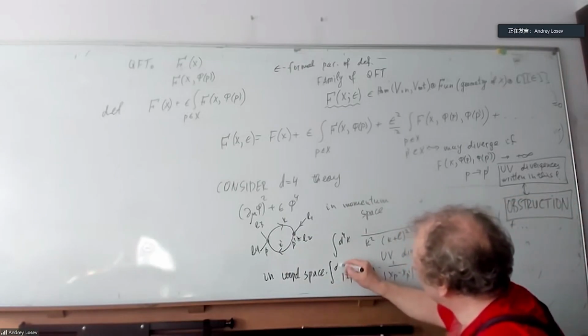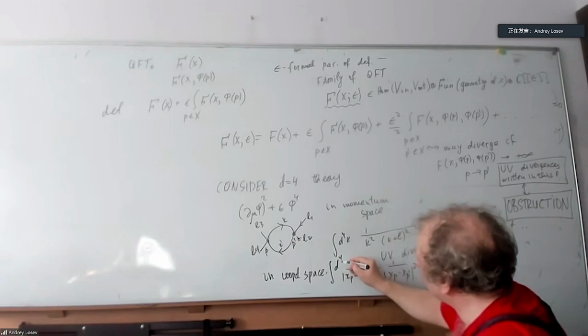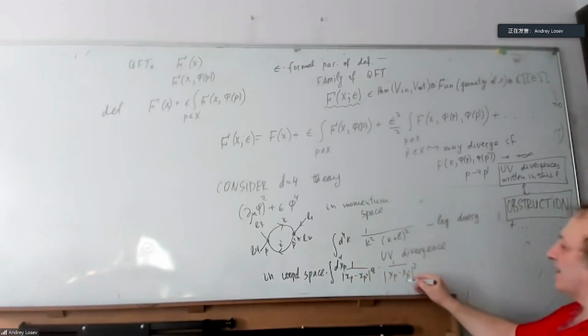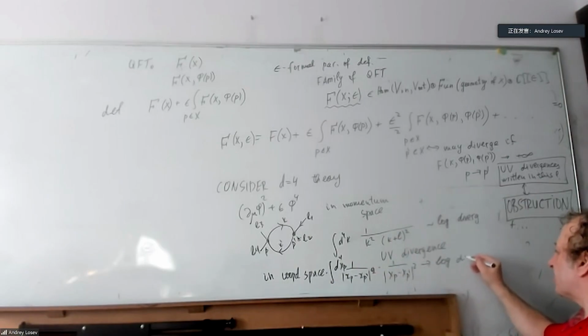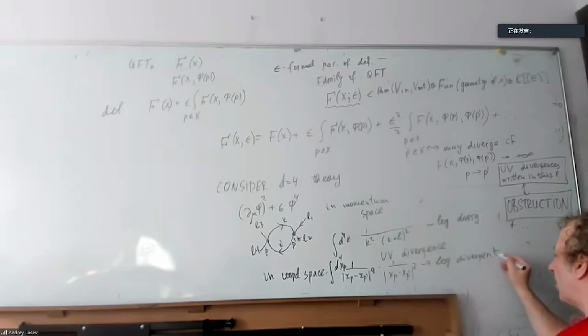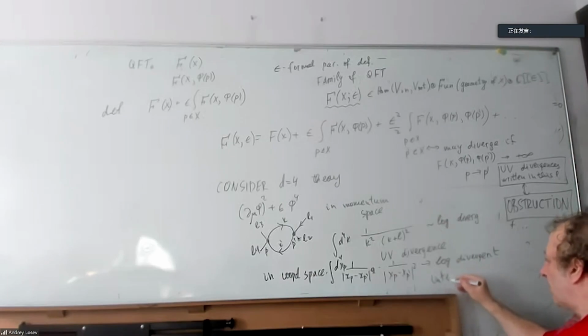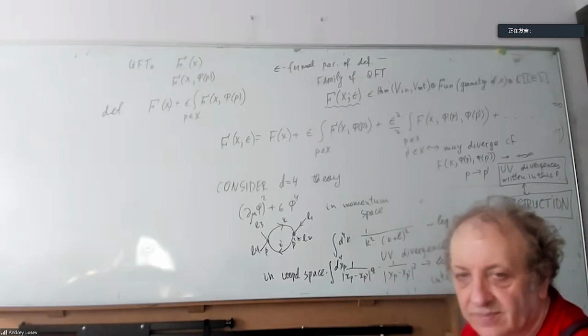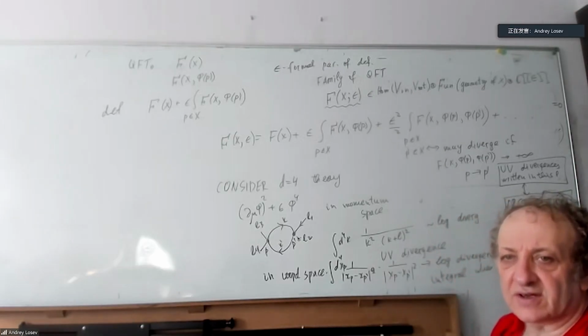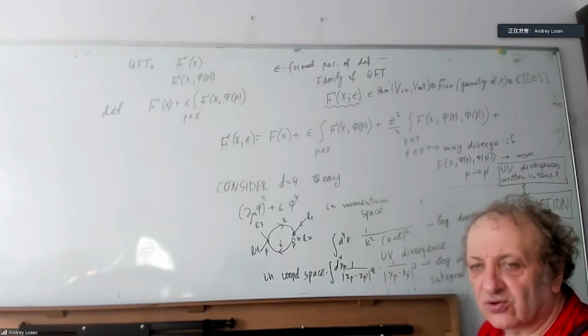And here I am integrating over d4 xp. And here again I see a logarithmic divergent integral when xp goes to xp prime. So this is an example that you should keep in mind.